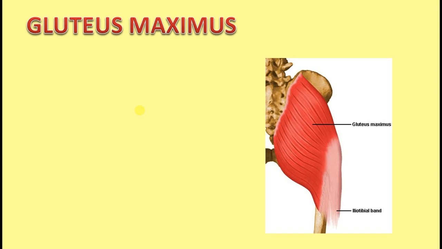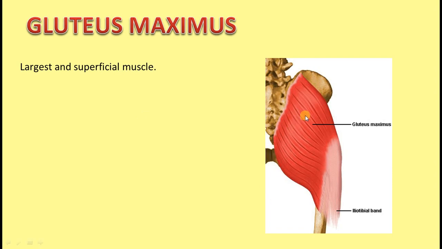In a deeper plane, you see the gluteus minimus muscle and tendon of obturator externus, and still deeper you see the reflected head of rectus femoris. So now we are going to see the gluteal muscles, their origin, insertion, nerve supply and action.